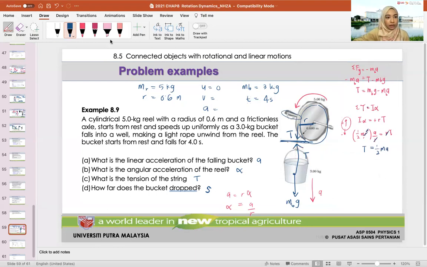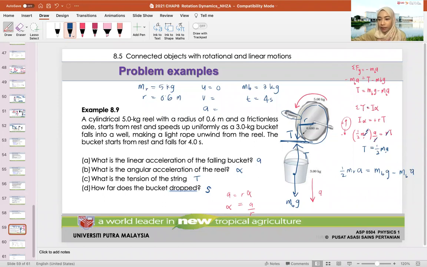So I'm going to equate that. Now we have T and we have T, so we can equate them. 1 over 2, forgot my reel over here, 1 over 2 MRA, they have the same A, hopefully, equals MB, bucket, G minus MBA. This B is supposed to be smaller. It's not a parameter.